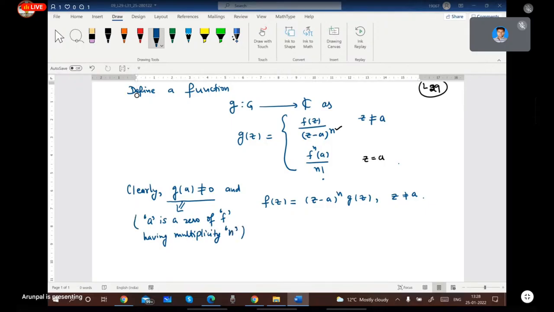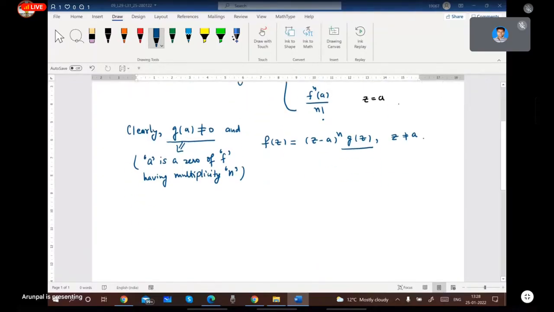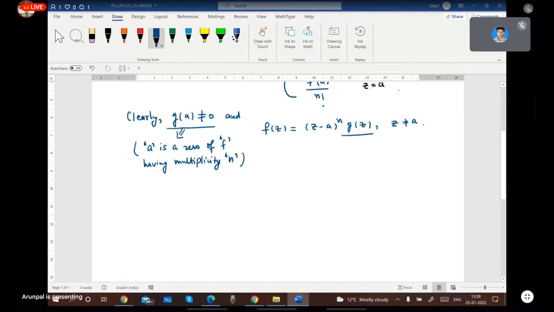Because now a can't be a zero of f more than n times, since the value of g at a is not equal to 0. So it can't be a zero of f once more. So a is a zero of f having finite multiplicity. Multiplicity n means this n is finite automatically. We know this.